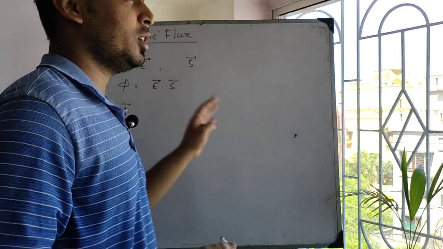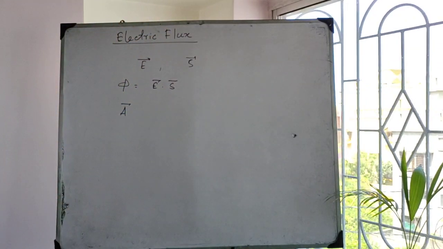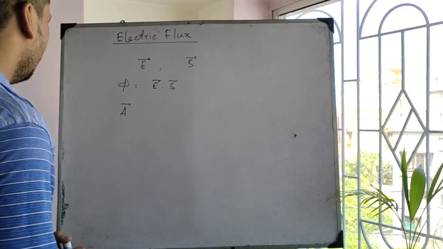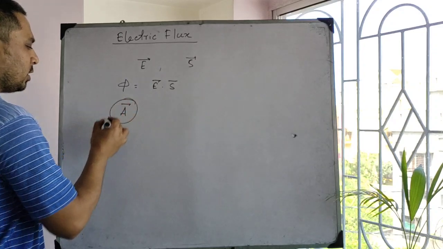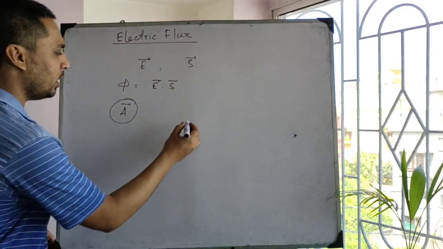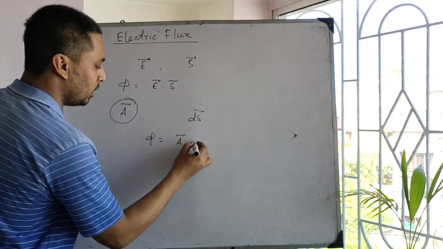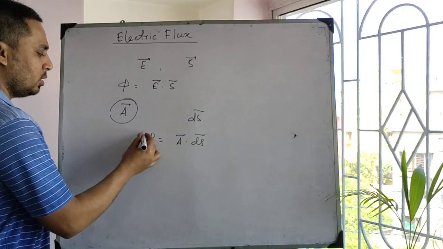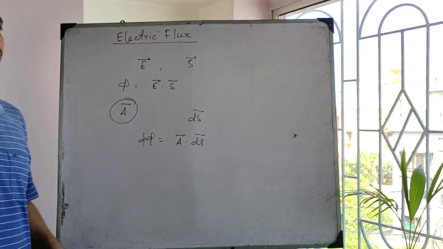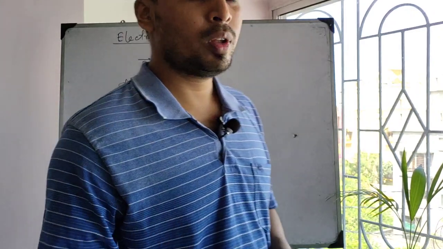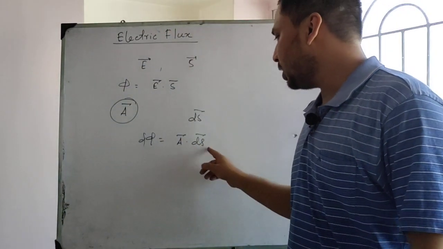For any arbitrary vector, it may be electric field, it may be magnetic field, it may be gravitational field. Okay, so for any arbitrary vector, the flux through any elementary area ds is given by phi equal to A dot ds. Okay, so small amount of flux passing through any elementary area is given by A dot ds.